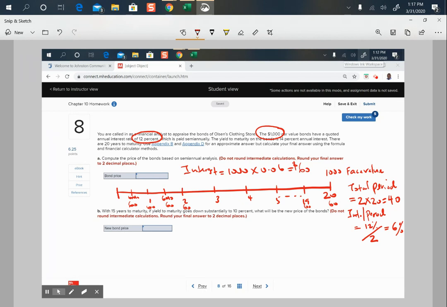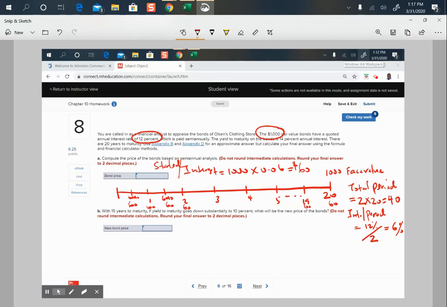Again, we use the stated rate or the nominal rate or the coupon rate to determine the interest payment. In this example, our quoted rate, our coupon rate, our nominal rate is 12% per year and therefore 6% per period. This gives us $60.